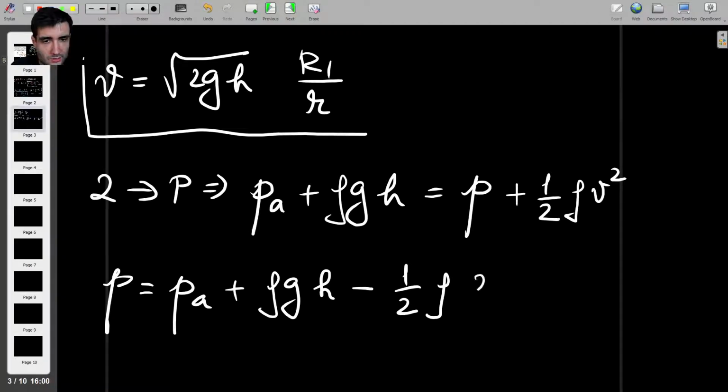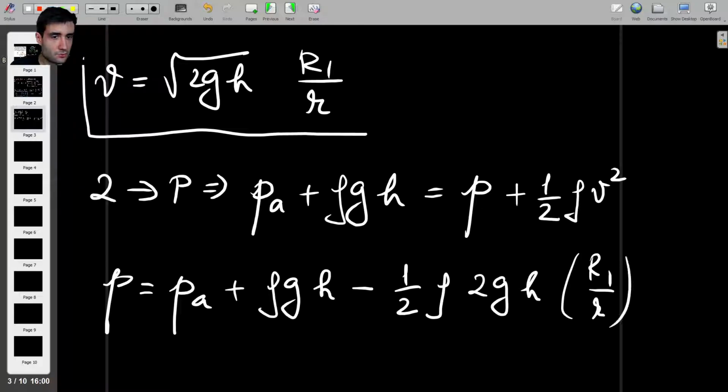V squared is just 2GH multiplied by brackets r1 over r squared. So we can cancel out a couple of things.